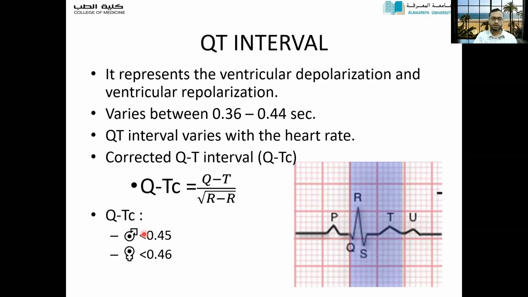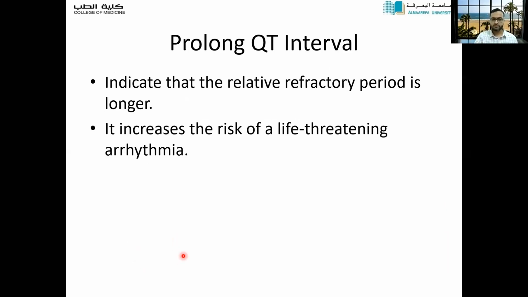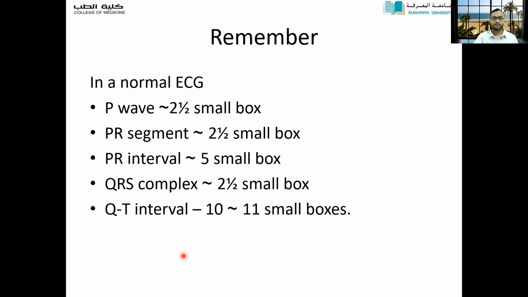The normal value in males is less than 0.45 seconds, and in females it is 0.46 seconds. A prolonged QT interval shows that the patient is at risk of developing life-threatening arrhythmias. So it's alerting you that these patients might go into arrhythmias.